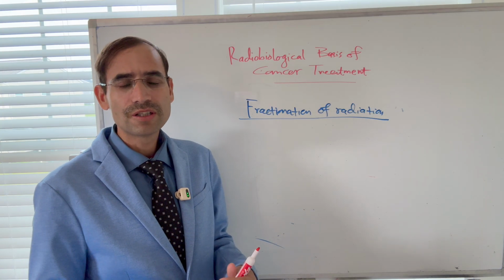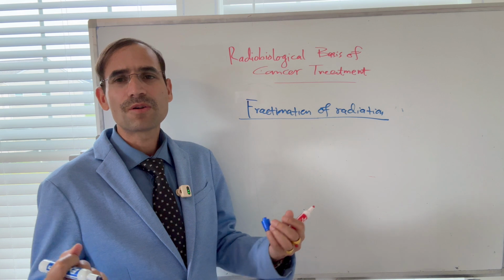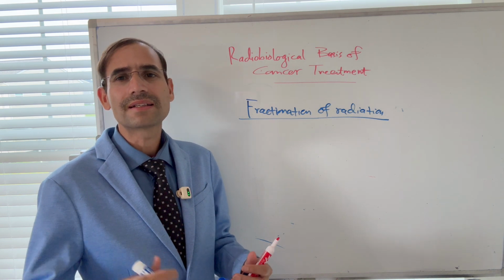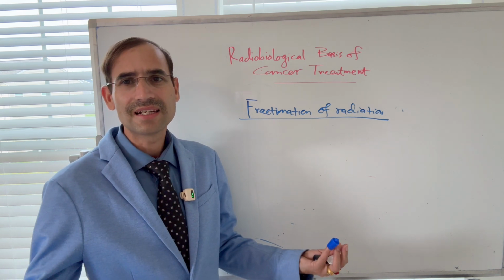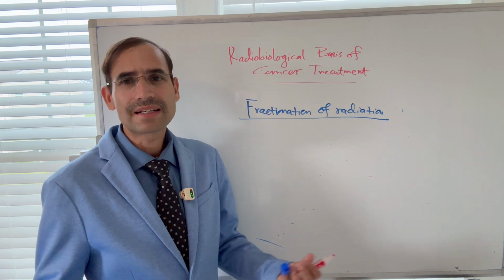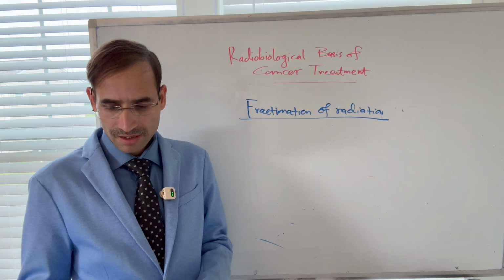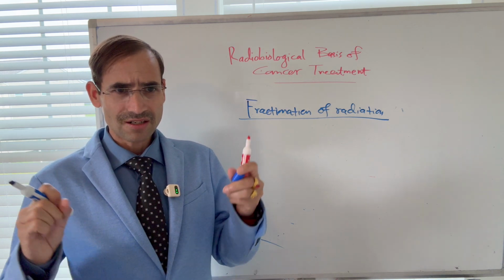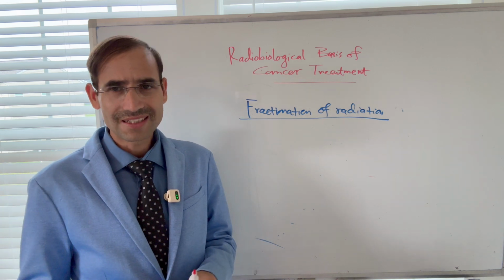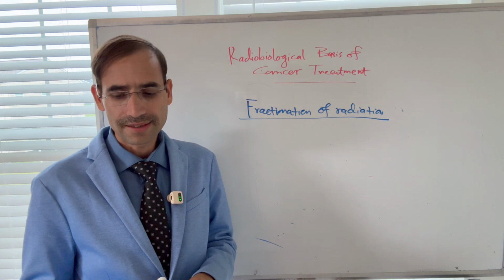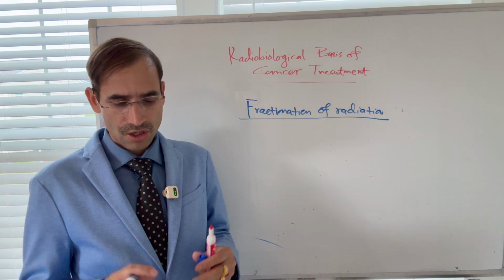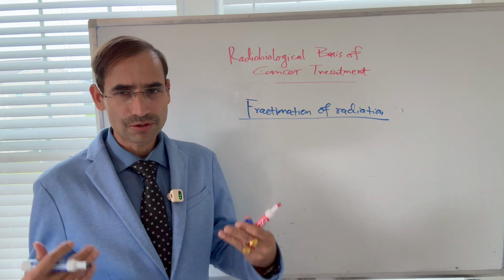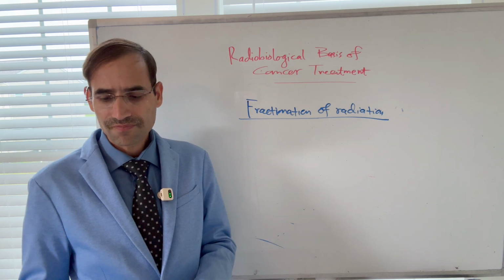I told you that if you are exposed to radiation right now, the effect can be seen after 30 years. That is the late effect. The effect can be seen in 10 years. So when we use radiation, it not only affects the tumor, it also affects the healthy cells. So we divide these effects into the acute effect and the late effect.